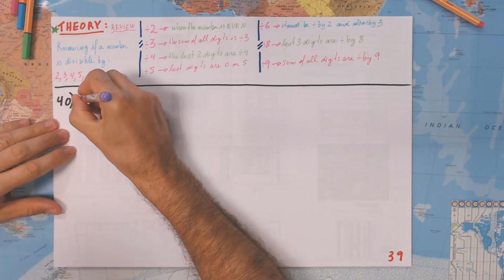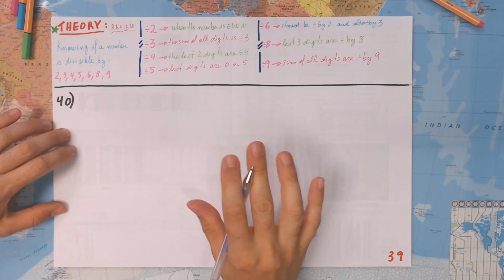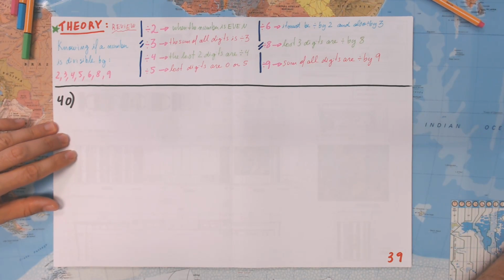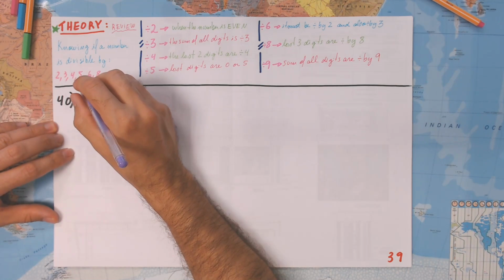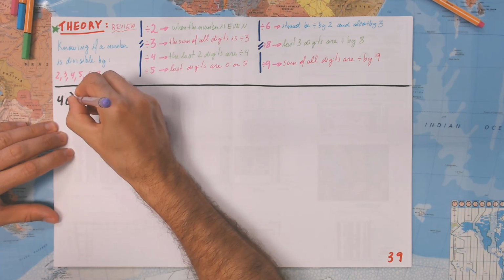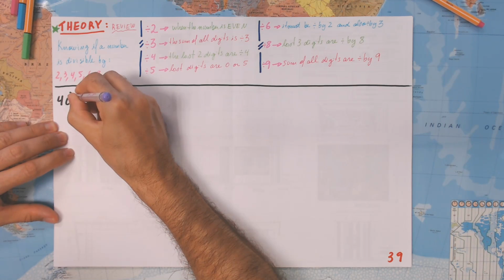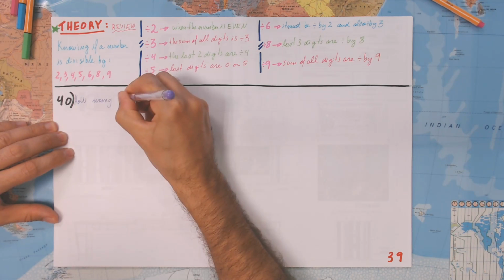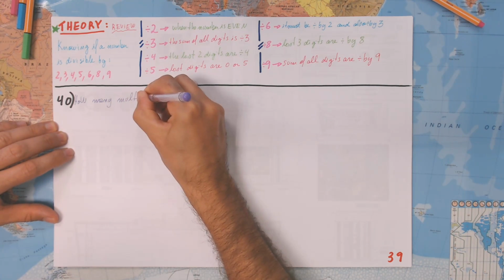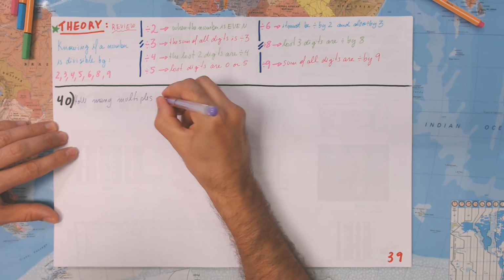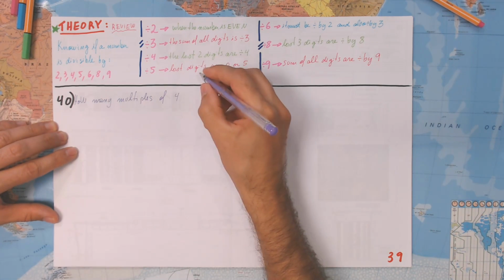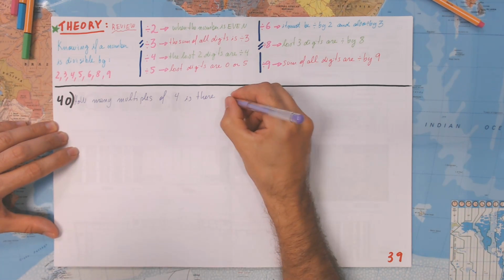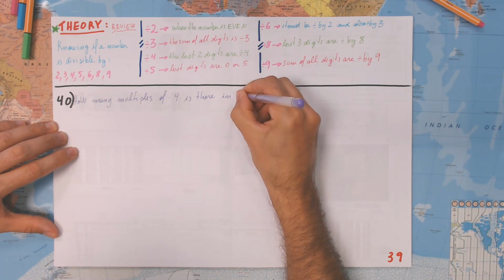How many multiples of 4 are there in the range?